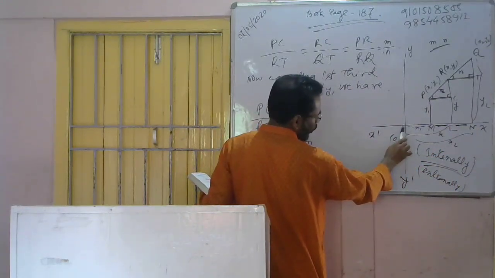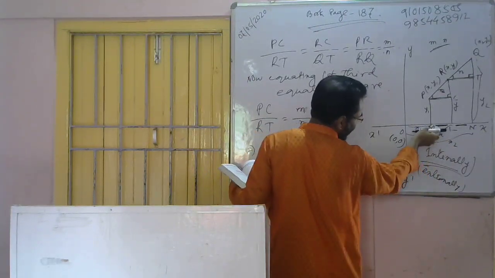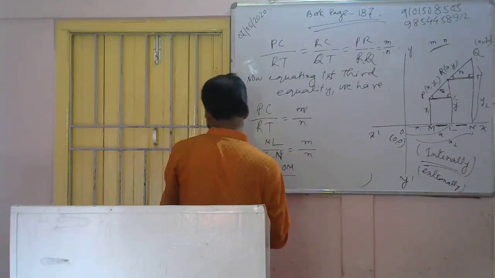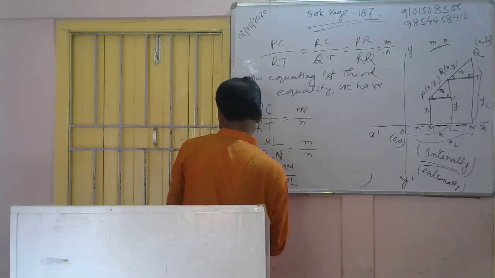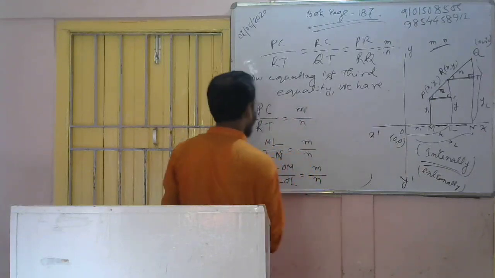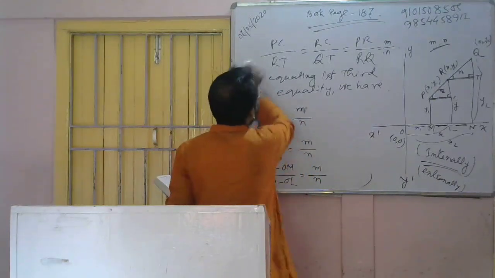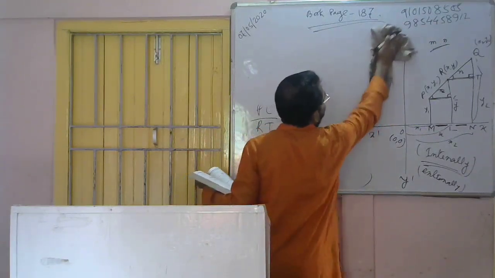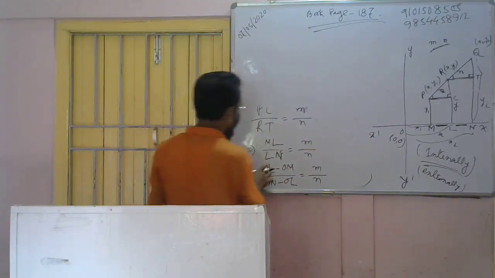From origin O to N, if we subtract this distance, then we are getting that part. So this will be ON minus OL is M by N. So we are getting, what is OL?